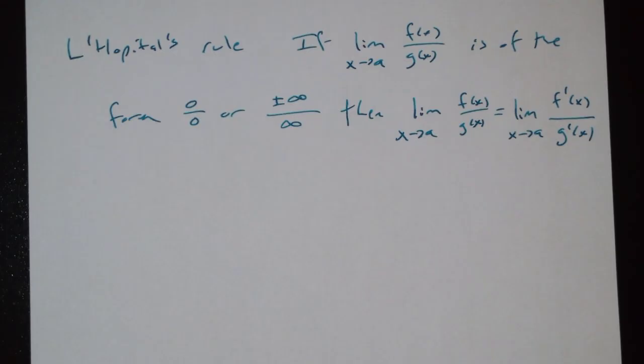If it's subtraction, maybe I need to multiply by the conjugate to get squares over. So there's all sorts of algebra that might need to be done. If it's an ugly power, I need an ln to get the power out. All those sorts of algebra tricks to make it look like an infinity over infinity or a 0 over a 0. That's the indeterminate I am after.